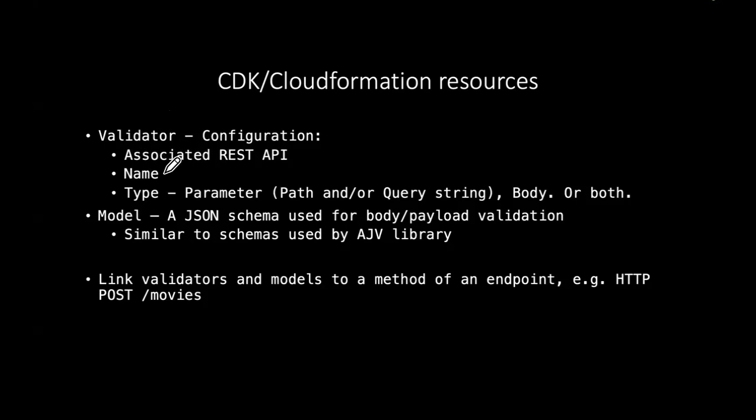You need to give the validator an arbitrary name, kind of an identifier. And thirdly, you need to tell it what type of validator it is. Is it a parameter validator, i.e. path or query string validator? It doesn't really make a big distinction between those two. So is it a parameter validator or is it a body validator? It could be both, actually. You can have validators that do both.